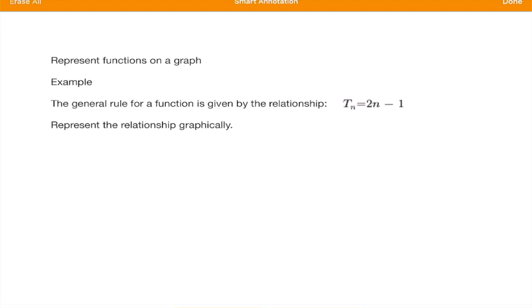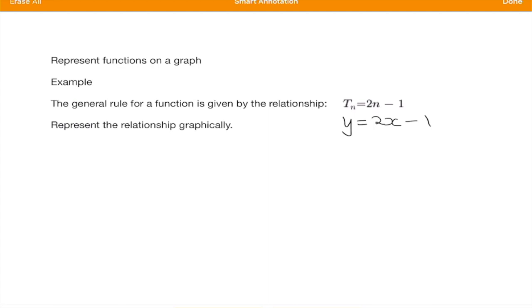And so if you want, instead of using Tn, you can use y. And instead of using n, you can use x. And that is the same equation there as Tn is equal to 2n minus 1. So x should be our input value and y is the output value.